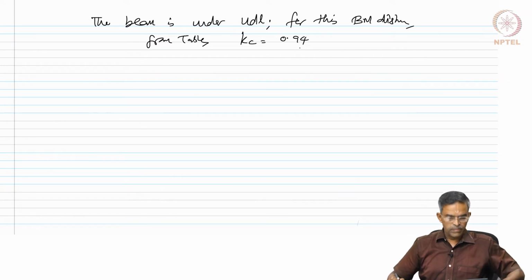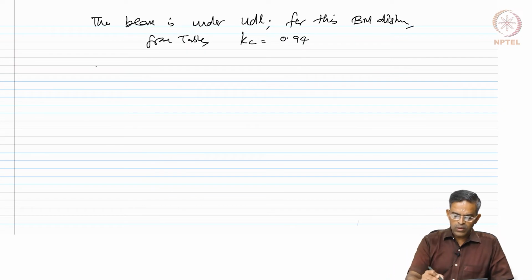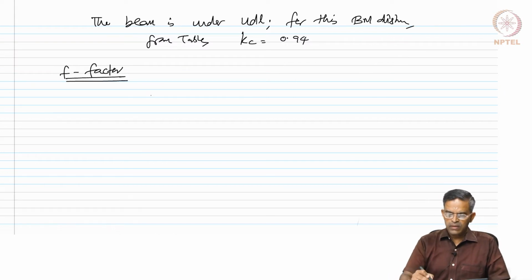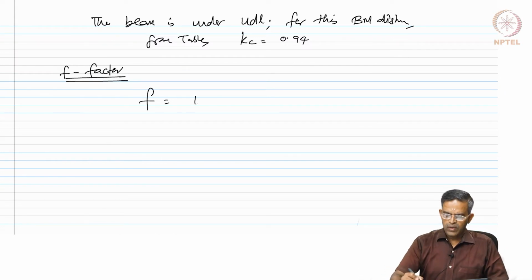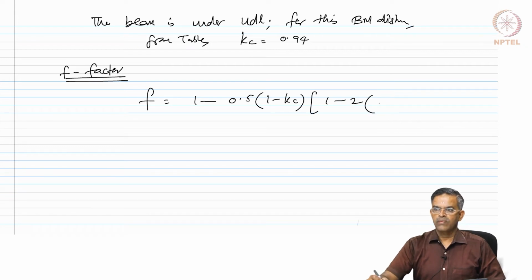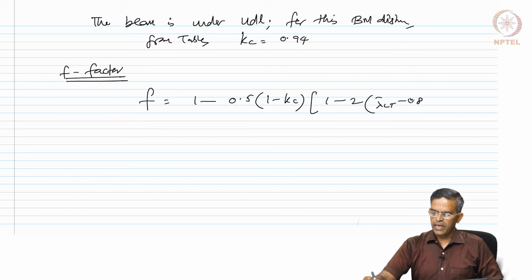Please see the table. Now, I want to calculate the F factor, because I am using the second method. F is given by 1 minus 0.5 times of 1 minus Kc of 1 minus twice of lambda bar LT minus 0.8 the whole square, which should be less than or equal to 1.